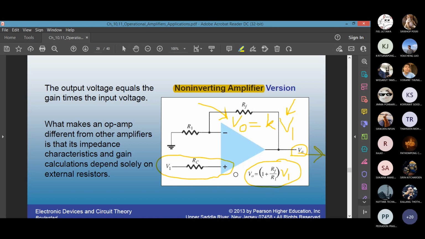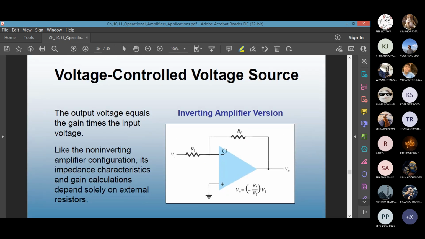If you want to use a positive voltage to feed somewhere else in the circuit or your project, you should use non-inverting. Sometimes maybe you need a negative voltage to feed somewhere else. Then you can use the inverting op-amp version.